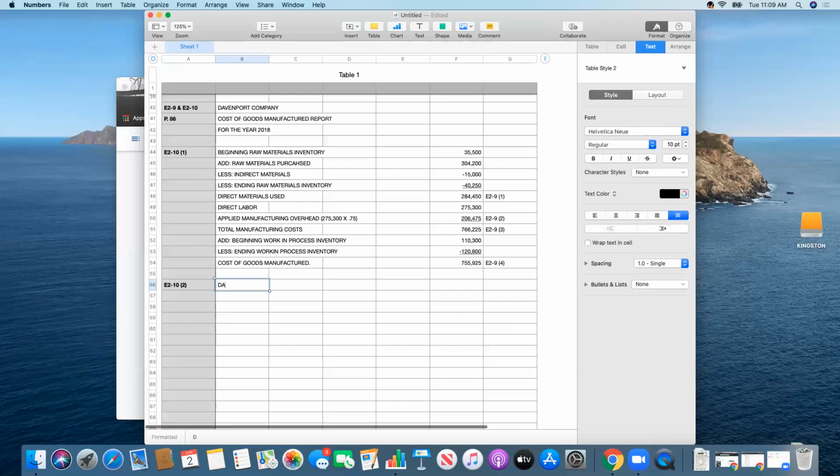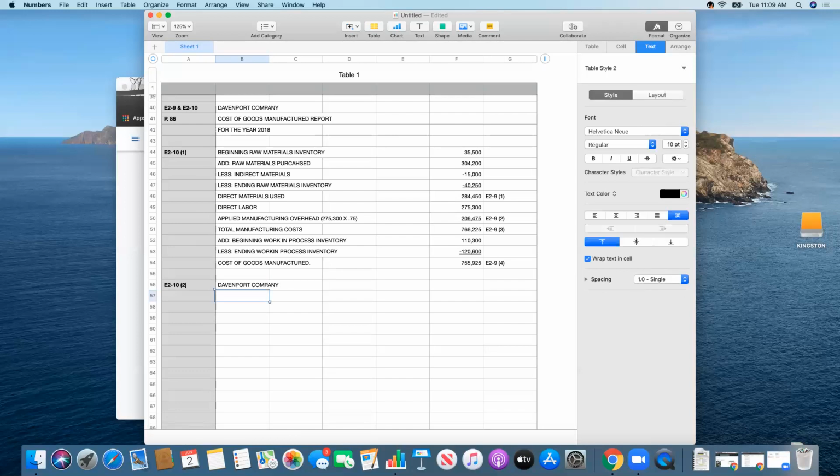So this is going to be Davenport. Income statement. For the year 2018. Okay.